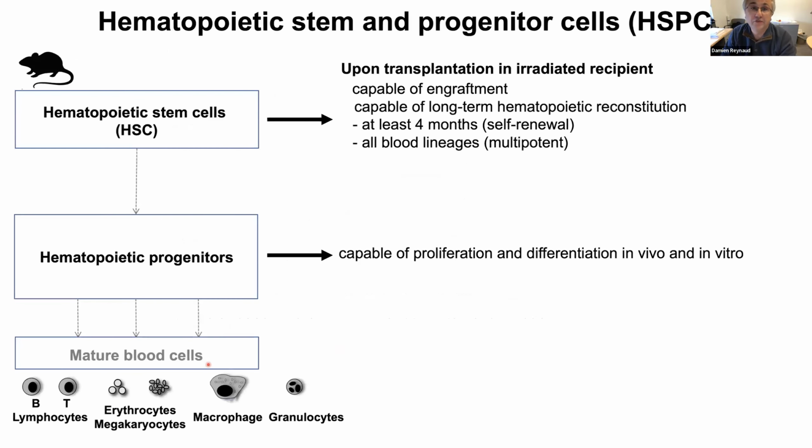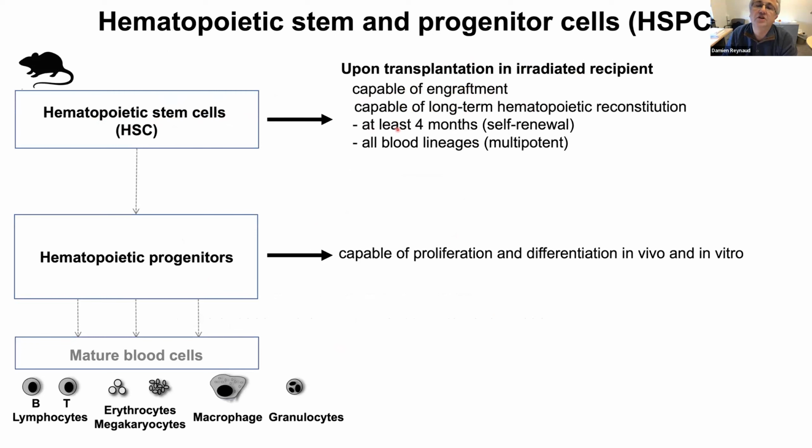To define the hematopoietic stem and progenitor compartment, as indicated by its name, it contains hematopoietic stem cells and hematopoietic progenitors. Hematopoietic stem cells are functionally defined upon transplantation in irradiated recipients. These HSC are capable of engraftment, and they are capable of long-term hematopoietic reconstitution.